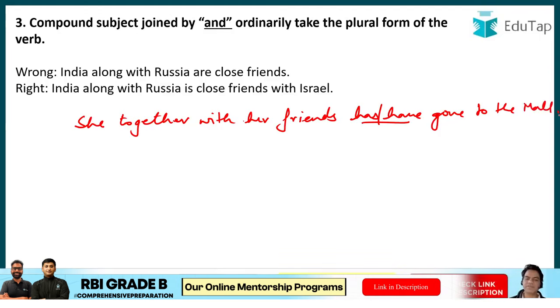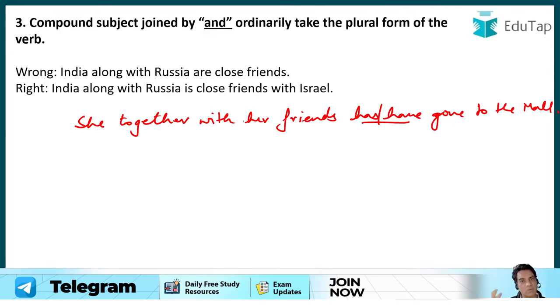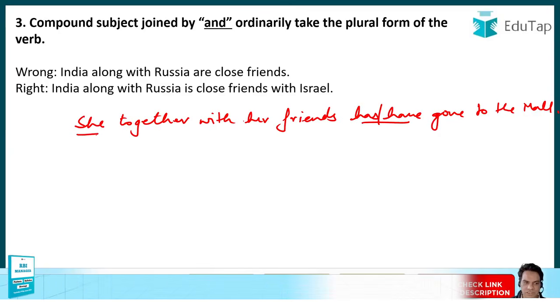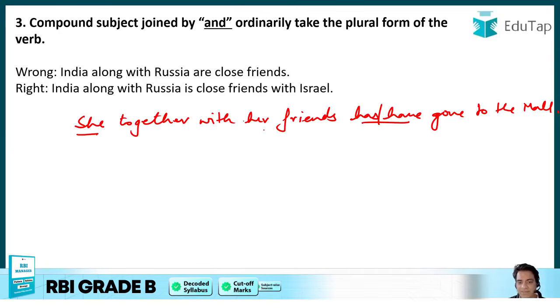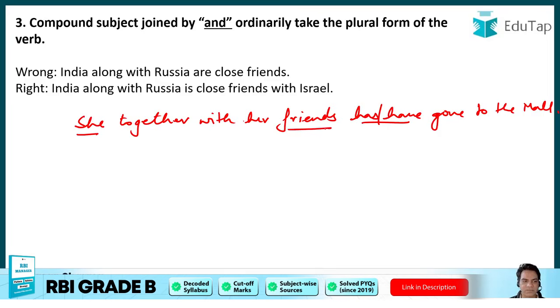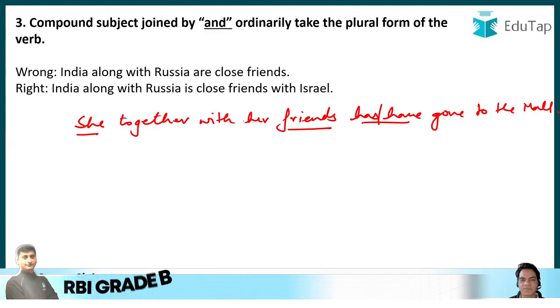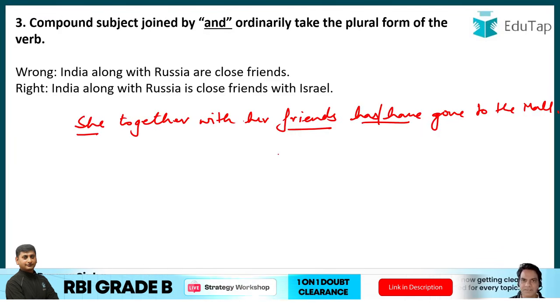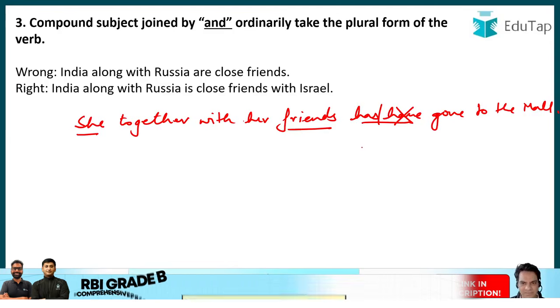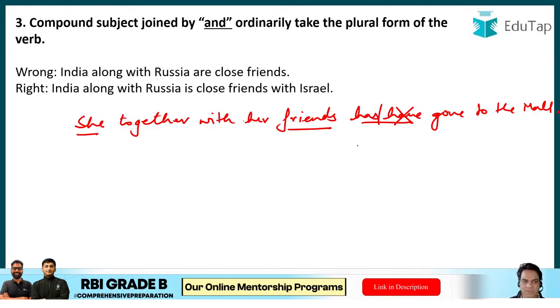So she, together with her friends. Now if you start counting in a numerical way, you will always get confused. What you see is she, and together with her friends. So that makes it multiple people together, and it seems like the verb should be plural, but to your surprise, the verb used here will be has, not have. So I'll just explain the concept to you.